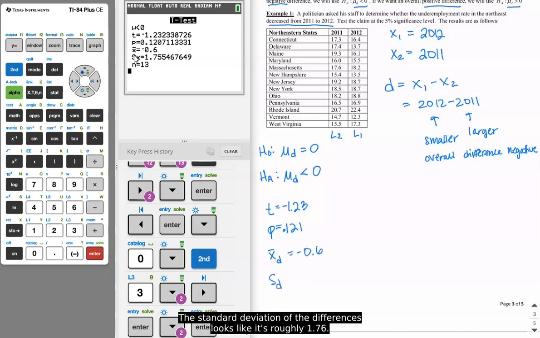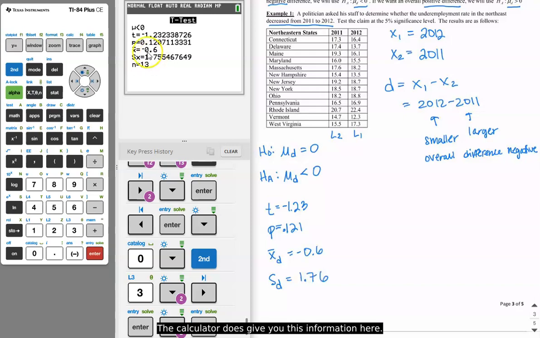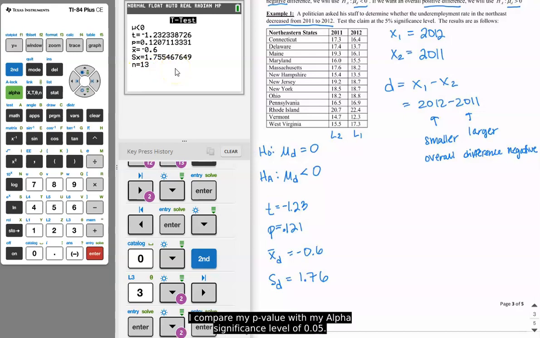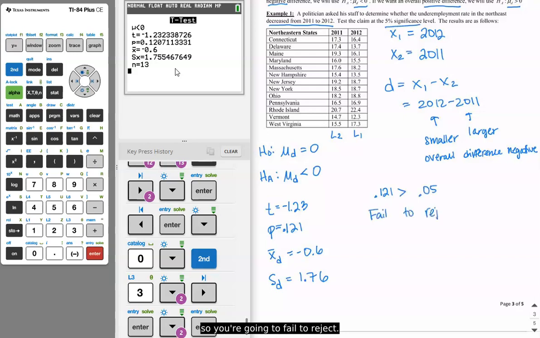The standard deviation of the differences looks like it's roughly 1.76. The calculator gives you this information; it's not quite the variables that we want, but it's the same pieces of information. The biggest thing is the p-value. I compare my p-value with my alpha, significance level of 0.05. We notice the p-value is larger, so we are going to fail to reject.